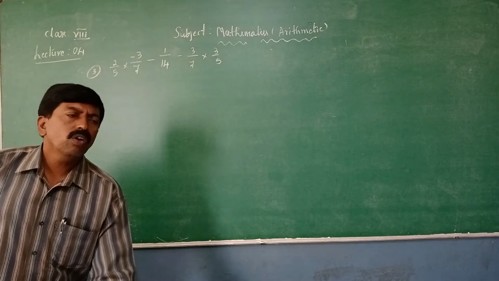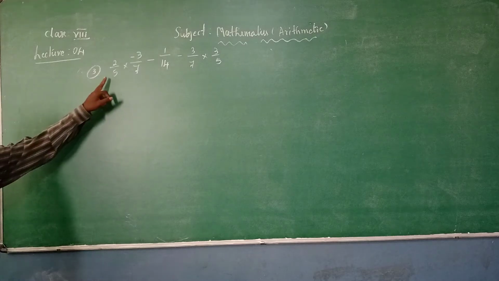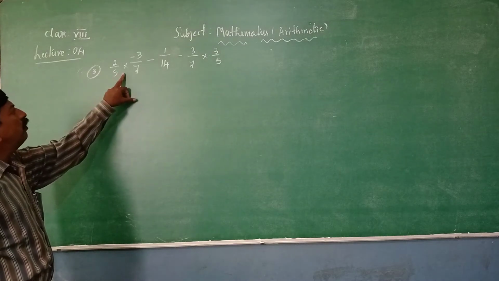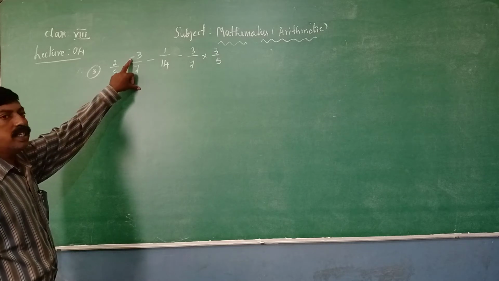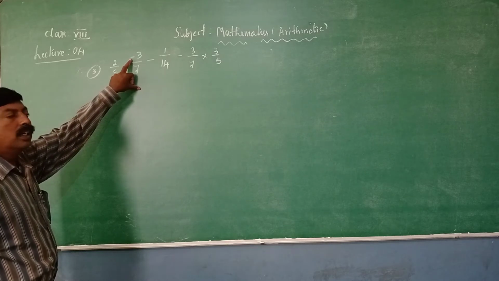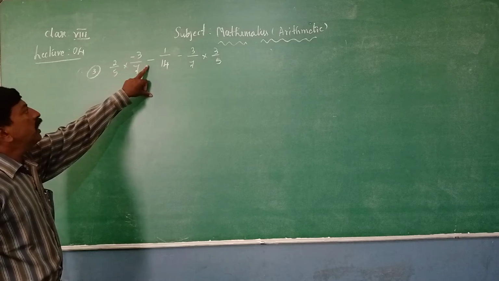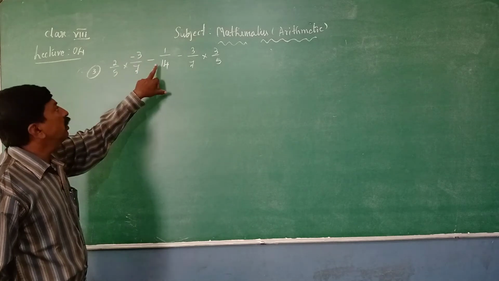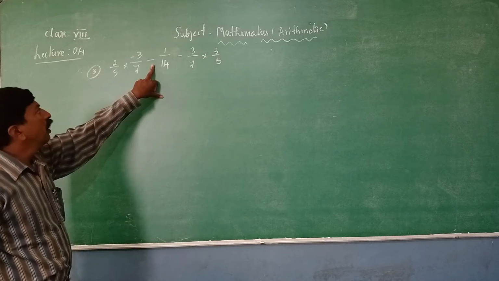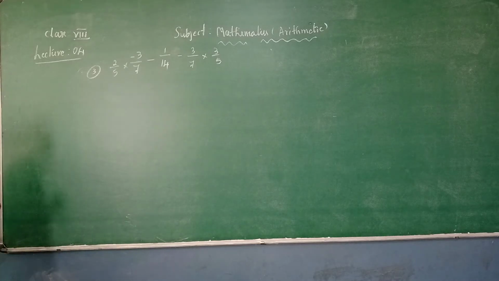Now, observe here. 2 by 5 into minus of 3 by 7. So this minus is the numerator, but for this 1 by 14, there are two things. Now, how do we simplify this one?